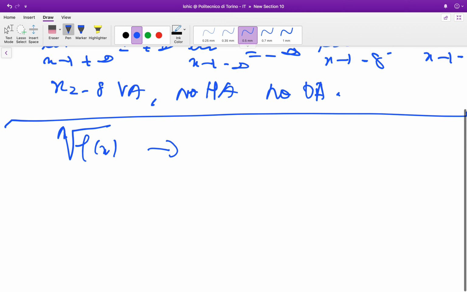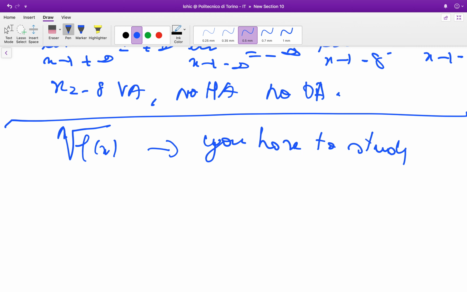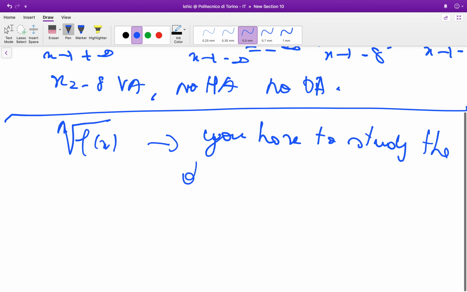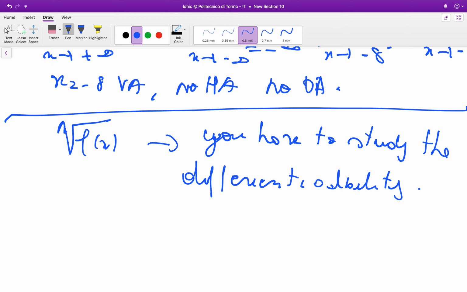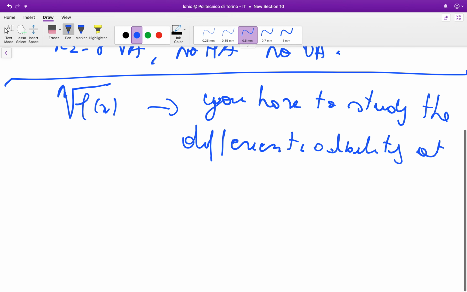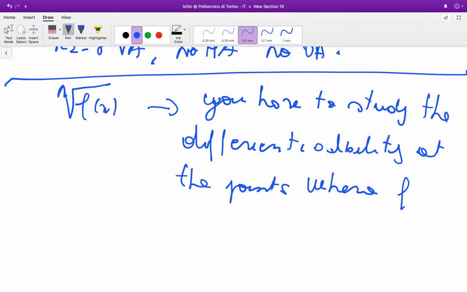So when you have the n-th root of f of x, you have to study the differentiability at the points where f of x is equal to 0.